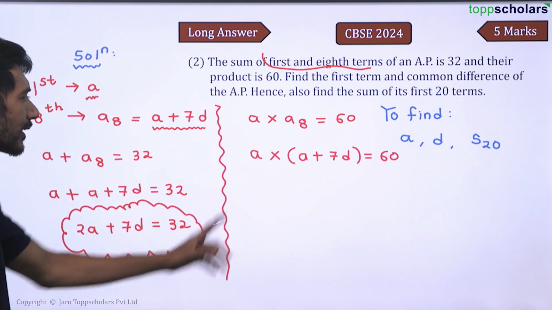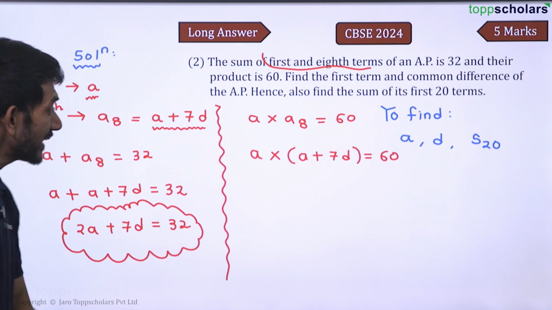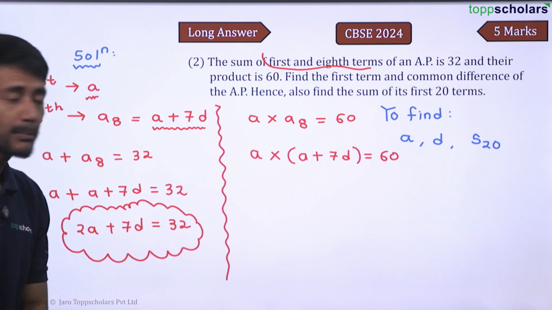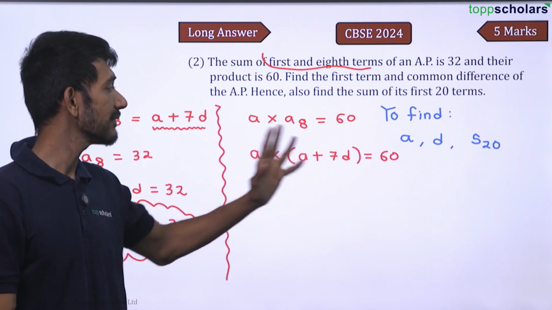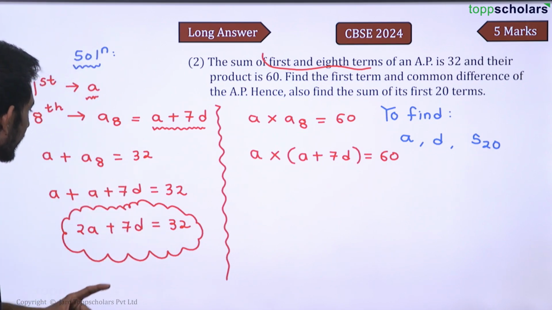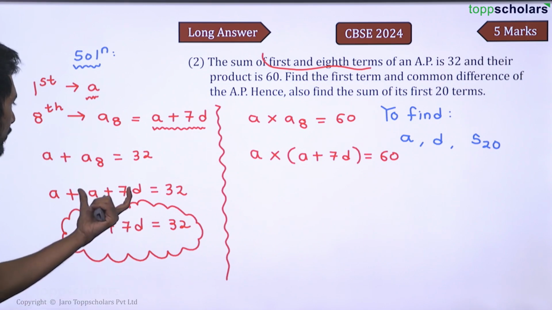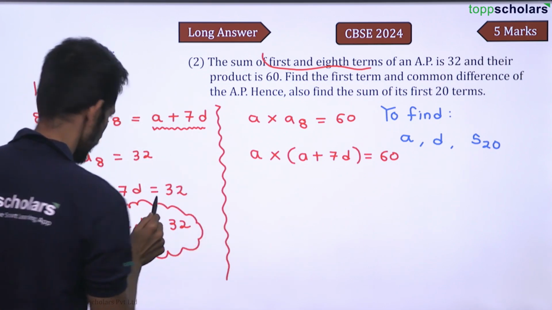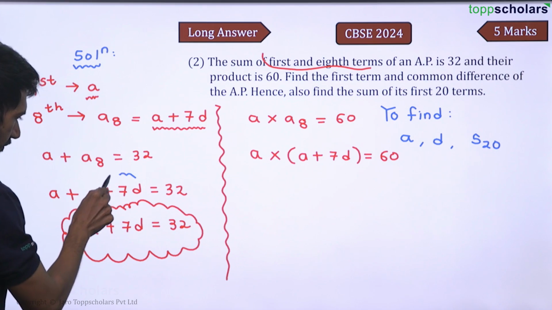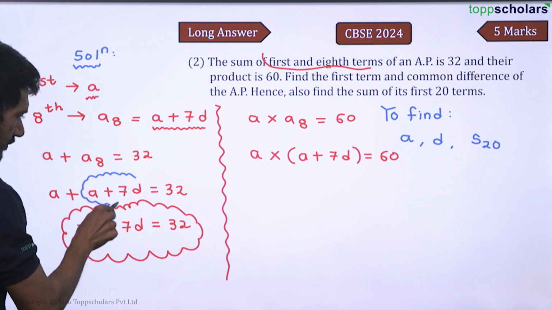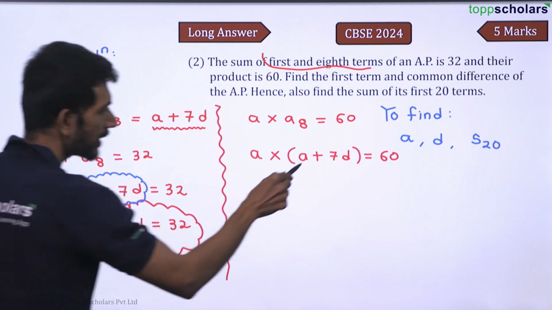One thing that you can do is you can multiply A inside if you want, but that is going to make it more complex because it will become A square then 7AD. Rather than that, observe very carefully, observe this part. Can I see the same part over here?